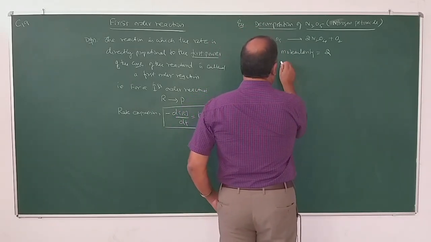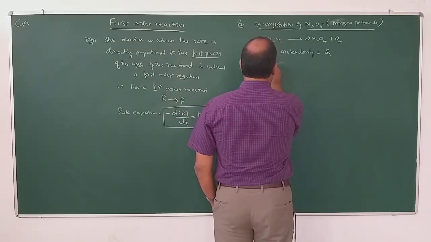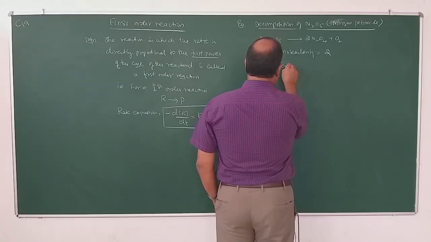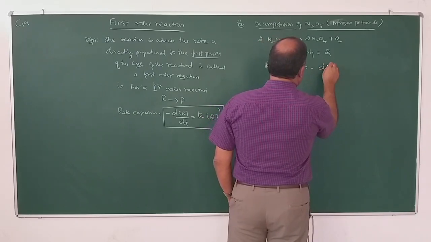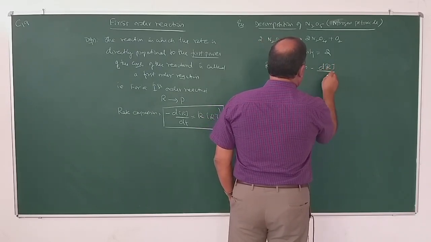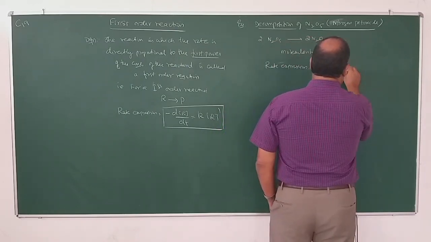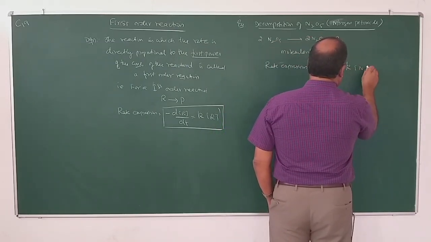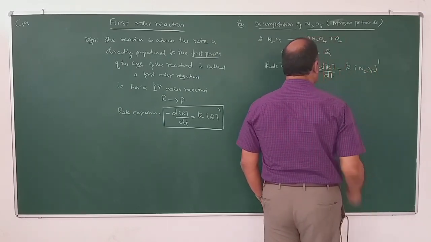Then what is the order? What is the rate expression? The rate expression is minus dR by dt equals K into concentration of N2O5 to the power of 1.